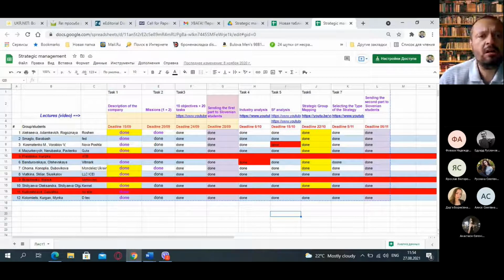Generally, as it was last year, there will also be 7 tasks, some links to YouTube, your surnames, and the points per every task. Not just done, but some points.